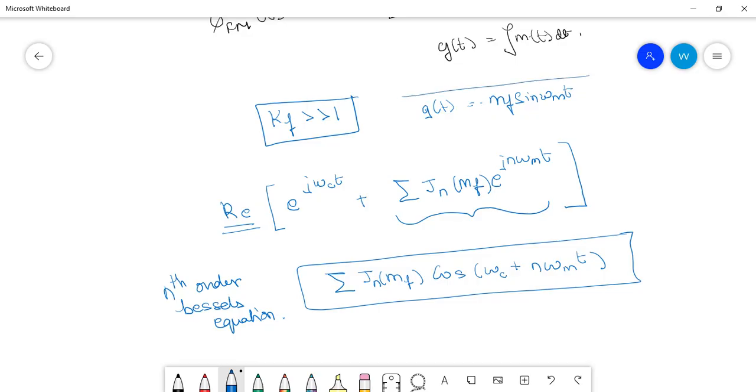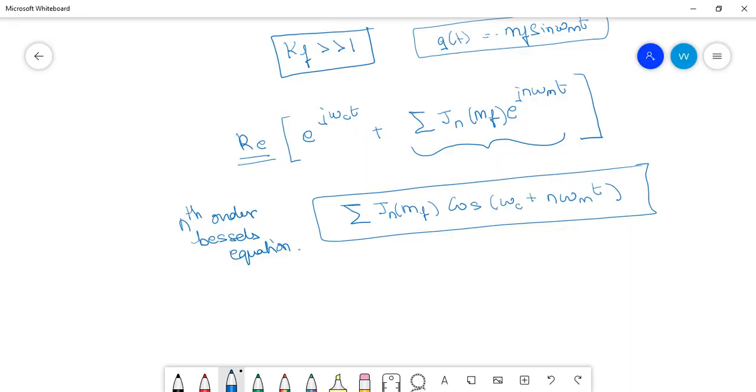In this case it becomes something like this. So as you can see, this is nothing but the expression of your wideband FM.